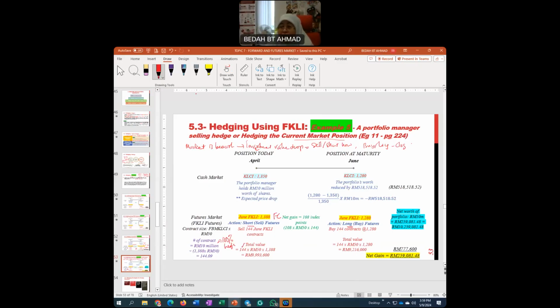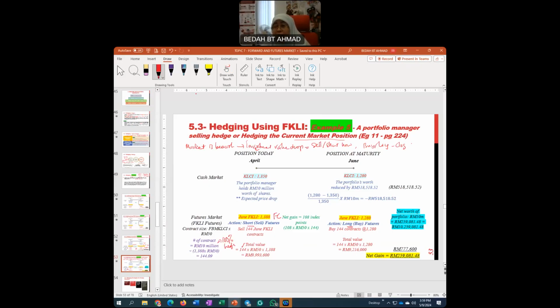Then at the closing, the forecast of the index really happened: the index point dropped from 1350 to 1280. So now the investment value of that portfolio is reduced by 518.52.